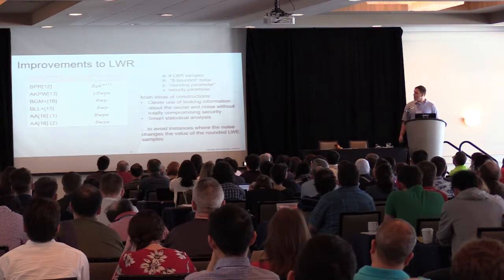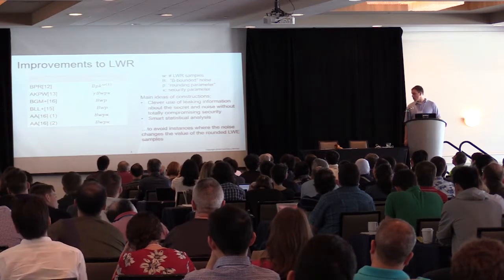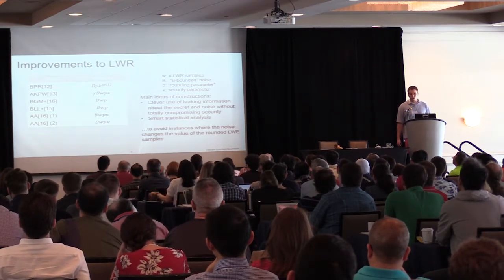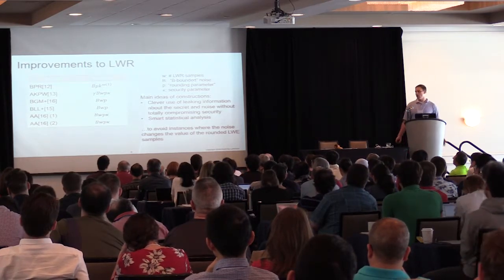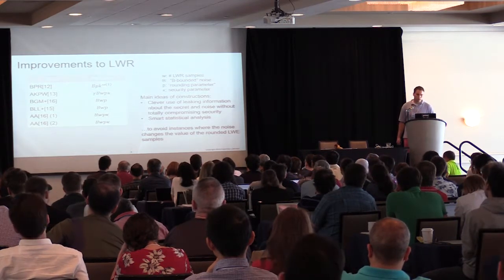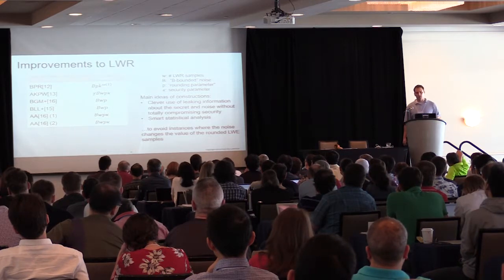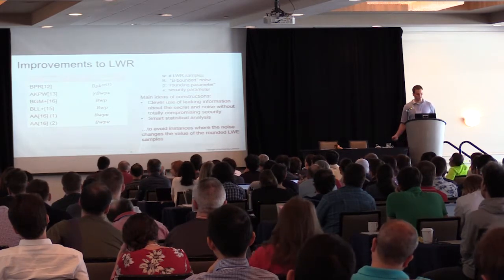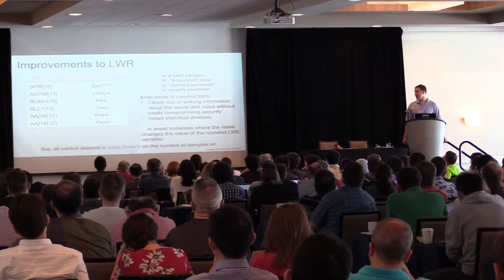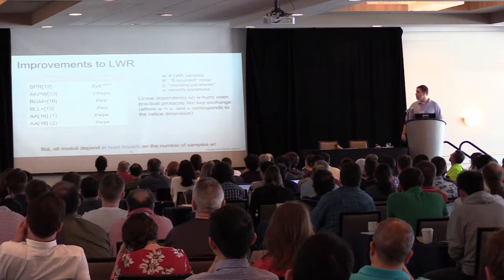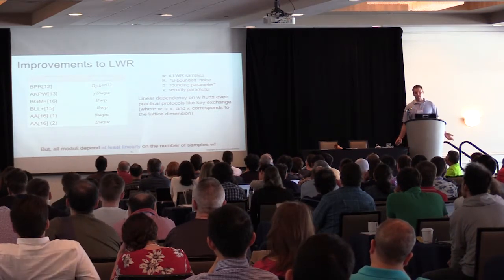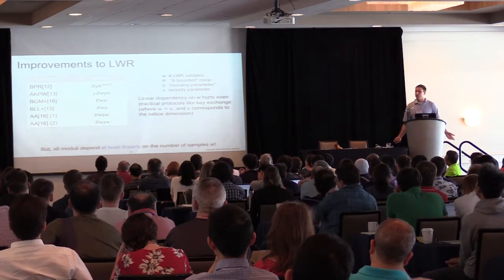In general, the main idea of these constructions is to cleverly leak information about the secret and noise without totally compromising security, or use some very smart statistical analysis to avoid instances where the noise changes the value of these rounded LWE samples. But as you can see, all of the moduli depend at least linearly on the number of samples W. And this even hurts practical protocols like key exchanges, where W might be the lattice dimension because you need a square matrix.